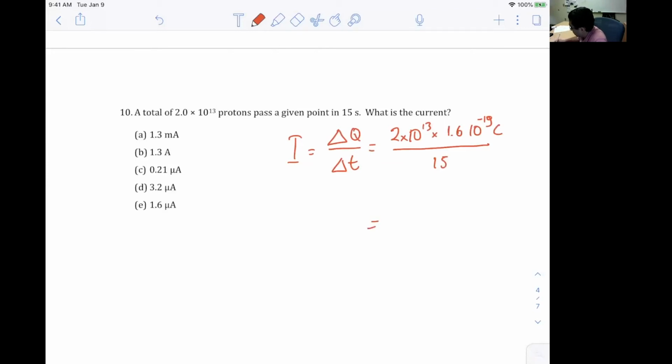So you have 3.2 divided by 15, times 10 to the minus 6 amp. 3.2 divided by 15 is going to be 0.21, times 10 to the minus 6 amp. So this is microamp. That answer is going to be C.